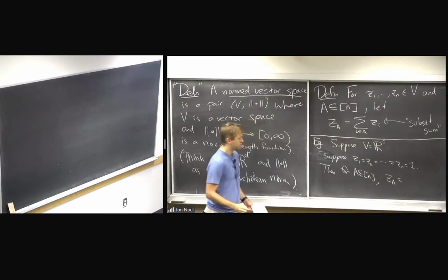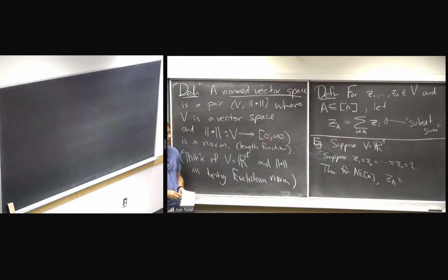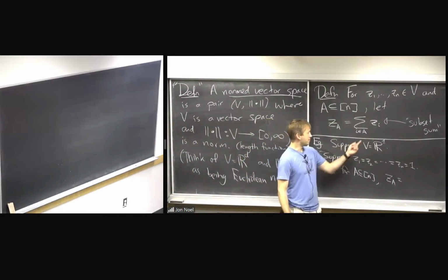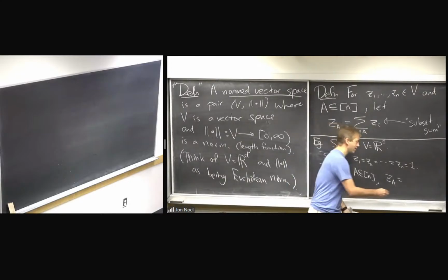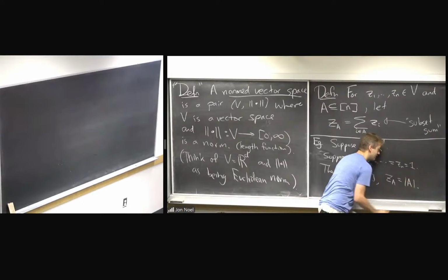If I take a subset A, what's my subset sum going to be equal to? Yeah, exactly, right? Because it's literally just summing up the number 1 for every index that's in A, and there are cardinality of A such indices.